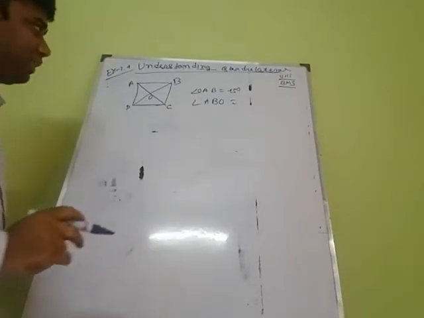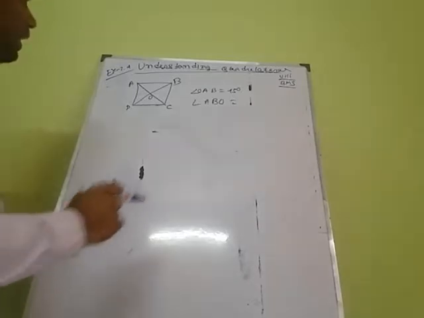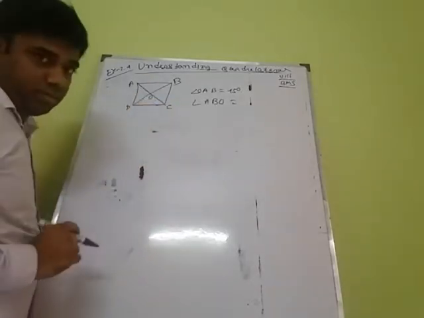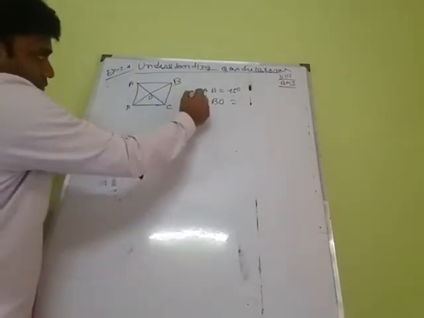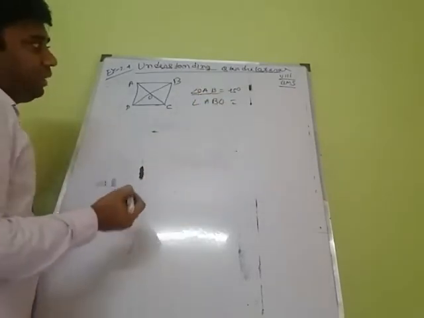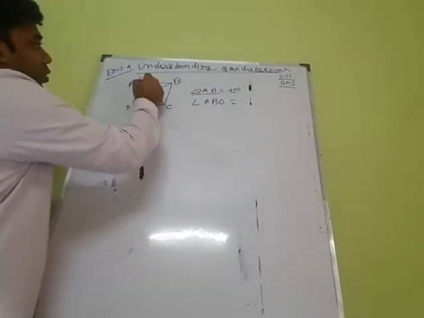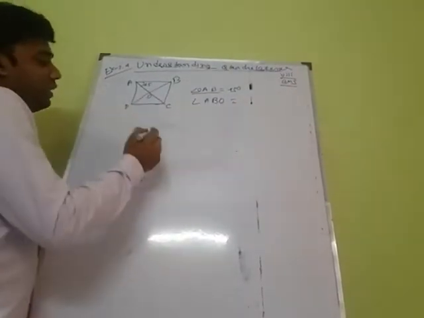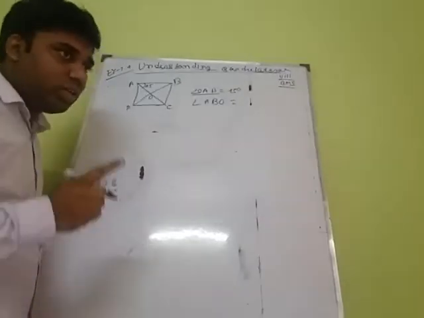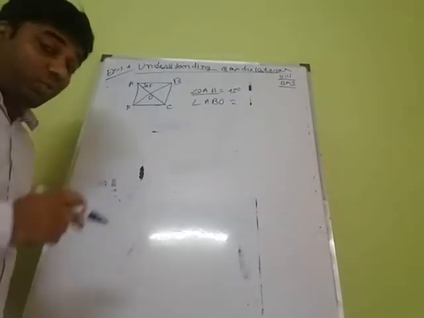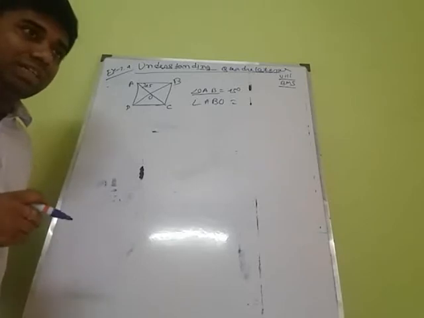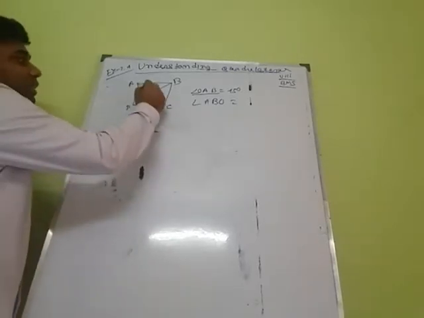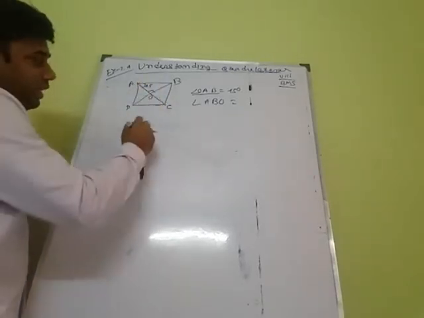Now I am explaining this: ABCD is a square. If angle OAB is 45 degrees, what will be the value of angle ABO? We know that the diagonals of a square bisect each other at 90 degrees. It means that angle is 90 degrees.